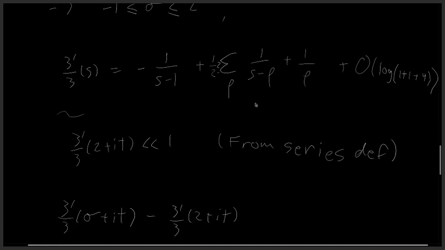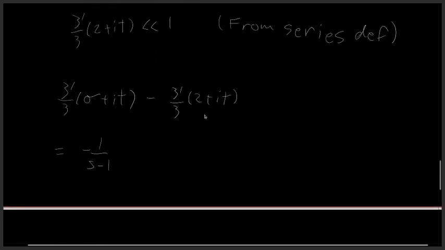And then for this term, I'm going to use the actual difference with 2 plus it substituted in here. So the 1 over rho terms all go away because you get a 1 over rho from both of these terms.